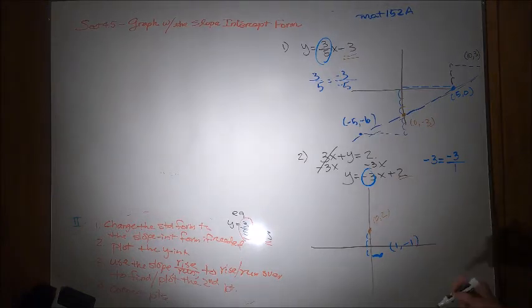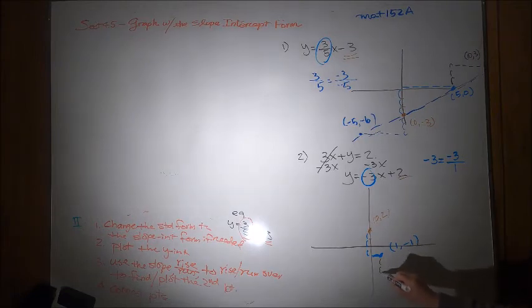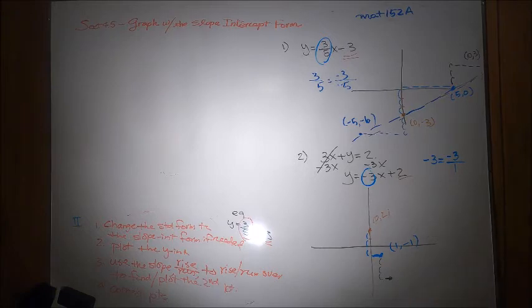Do the same thing. 1, 2, 3, and come here, 1 position. So what do you think that location is? So you count it. So 2, right, for x. -4 for y. Is that right?